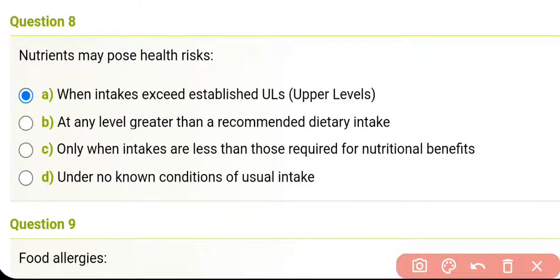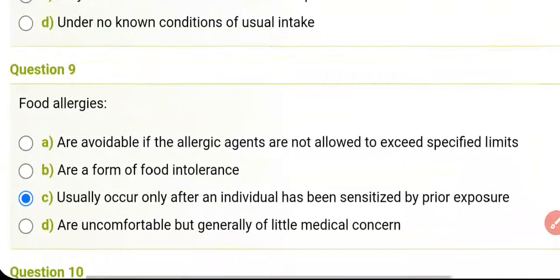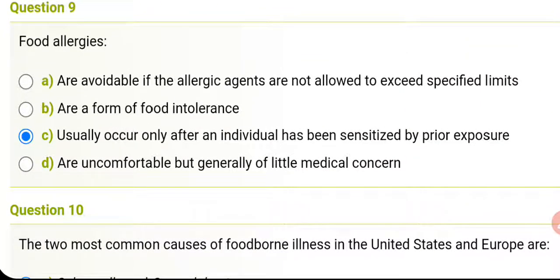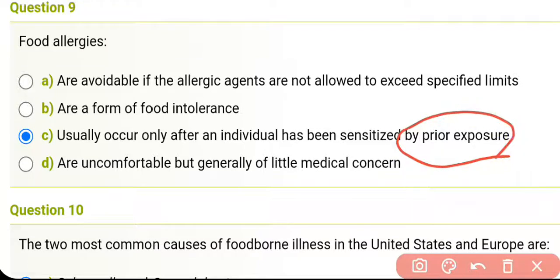Okay, then next question, food allergies. See, food allergies come up in risk management, because allergy is also a kind of risk. Food allergies usually occur only after an individual has been sensitized by prior exposures. Your immune system is already sensitized to, say, some nuts.